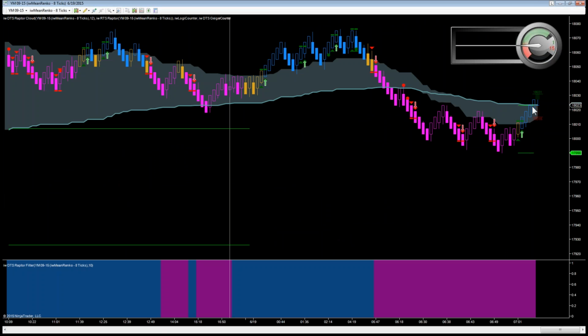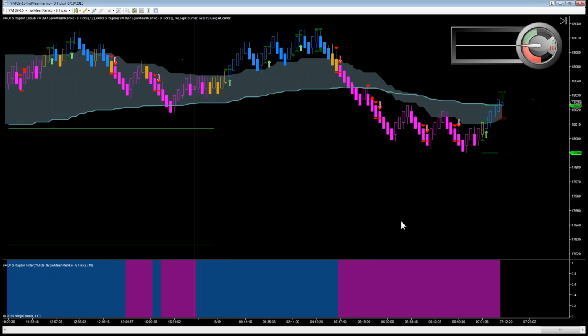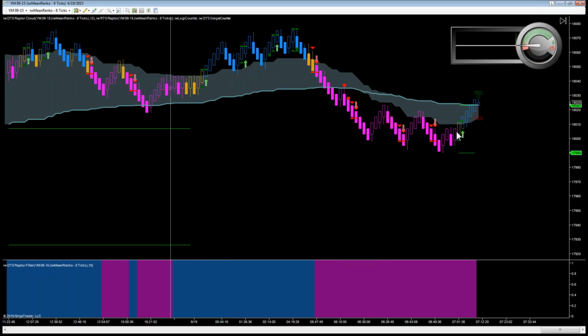Okay, so here's the mini Dow into the hard edge on our Raptor. We should see a reaction there. And that might actually develop into a double pullback.